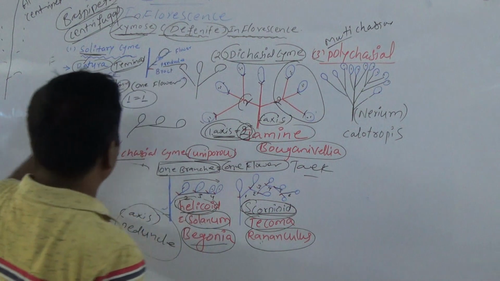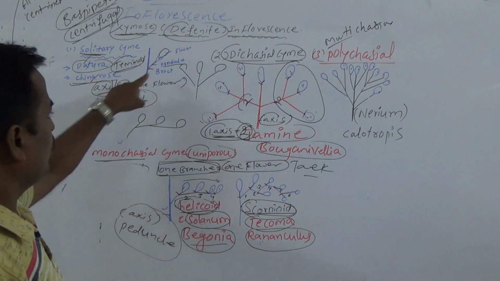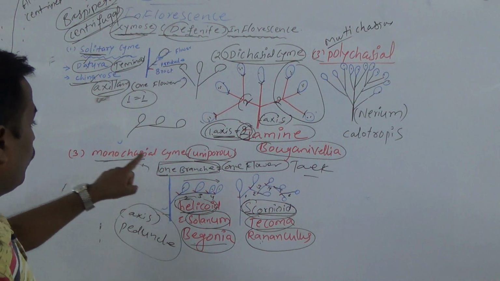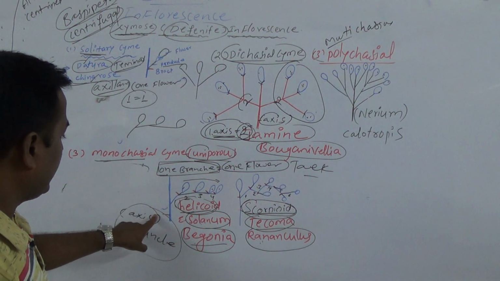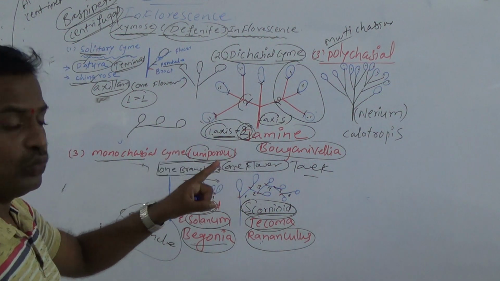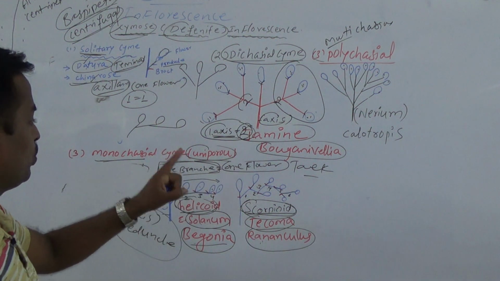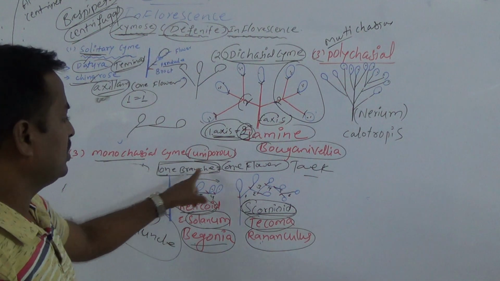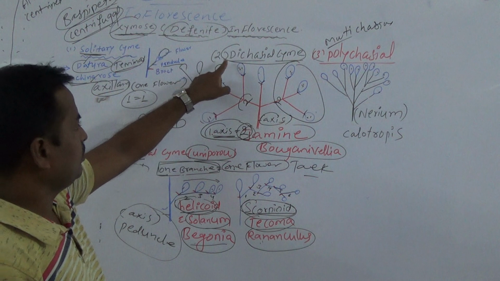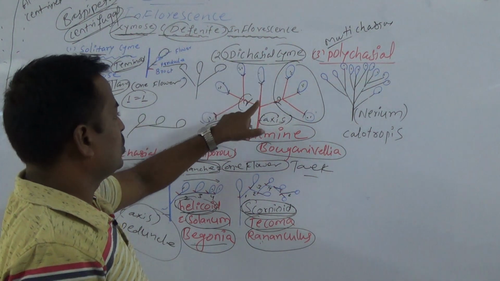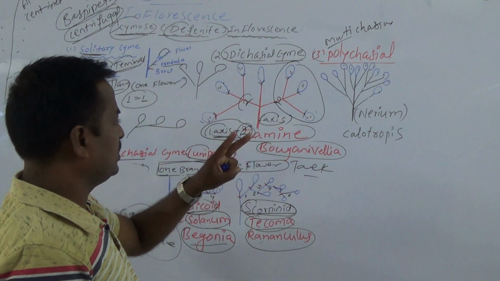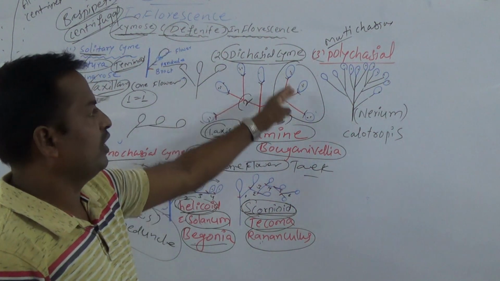Students, in the first one, one node one flower, solo. Then the second one, mother axis, one branch one flower, monochasial. That means one mother axis every time produces one branch, and all branches end with one flower. In the third one, in dichasial cyme, every time the mother axis produces two branches and all branches end with flowers.